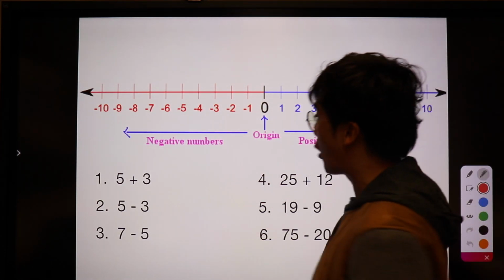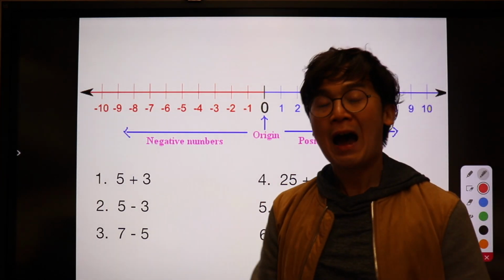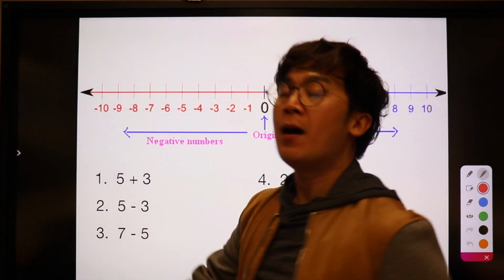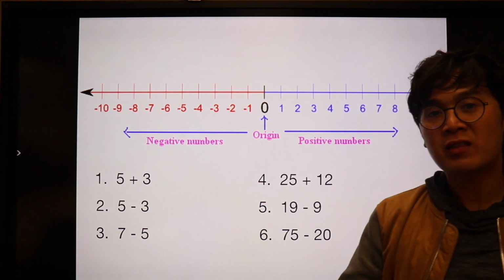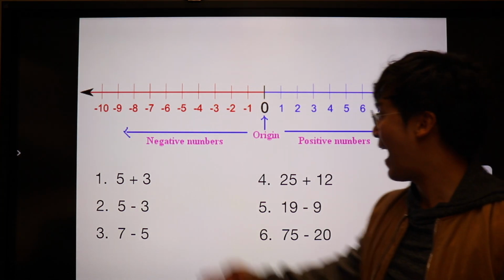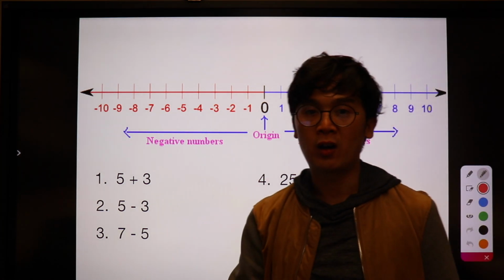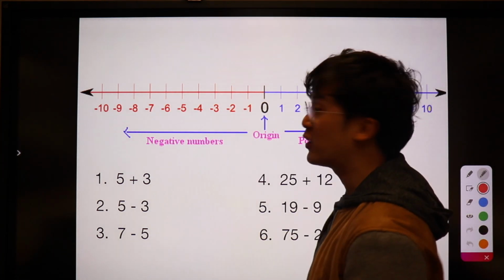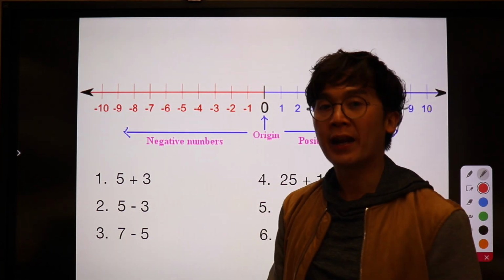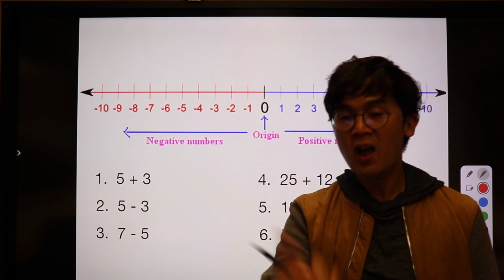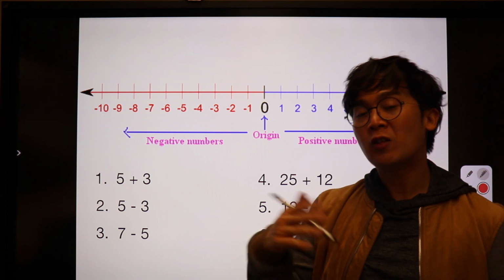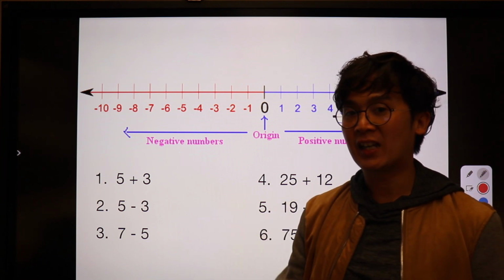And for today, we're going to start with our work on integers. And integers are pretty basic for most students, but if you think that you're struggling on adding and subtracting your positive and the negative numbers, it all boils down on your understanding about the number line. And the number line is the visual on how you could visualize how to add and subtract the positive and the negative numbers.